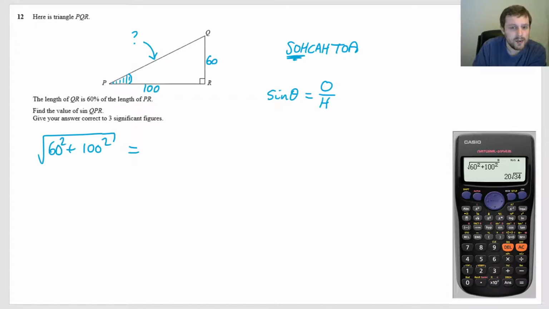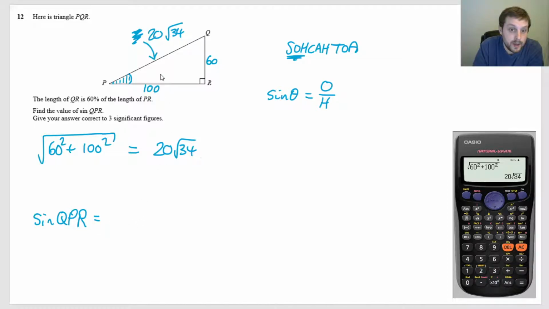So I get 20 root 34. So it turns out that that's 20 root 34. And then we can finally say what sine of this angle is. So sine of QPR is the opposite, which is 60, divided by the hypotenuse, which we've just worked out is 20 root 34.